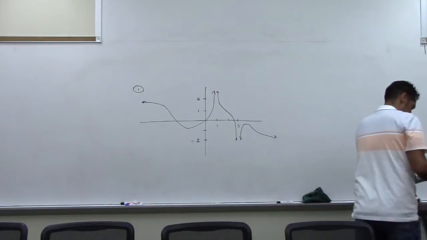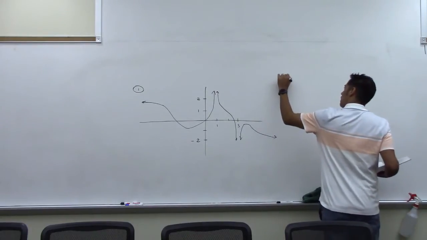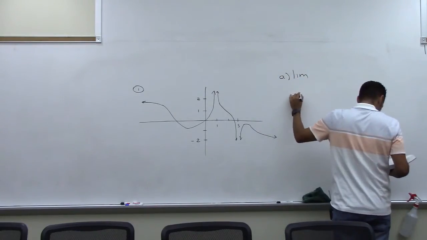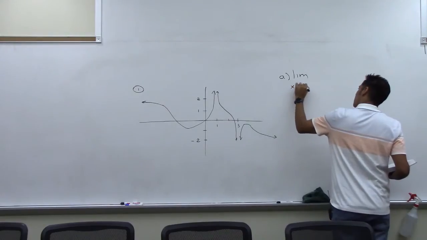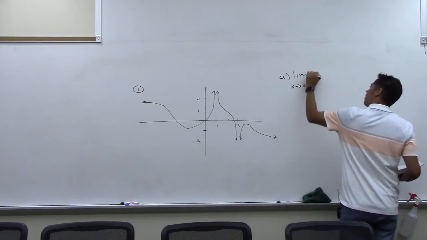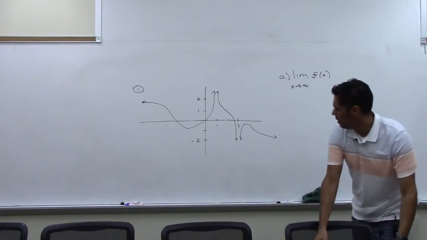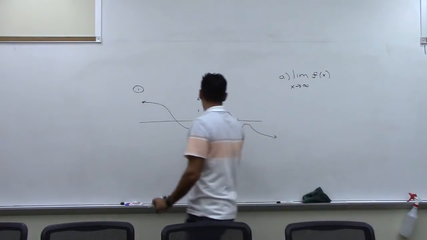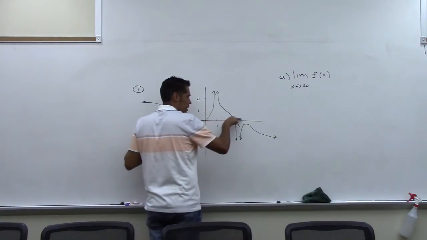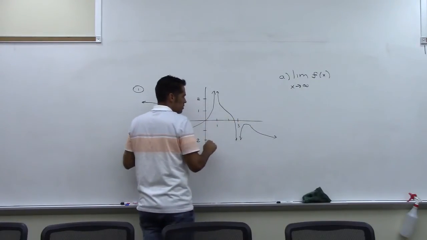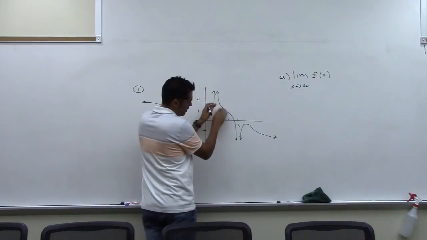And they want to know here, part A, the limit as x approaches infinity of f of x. So what is happening as our x value starts to become infinite and go out this way? What does the function do? So the function's over here doing this, and then dives down.